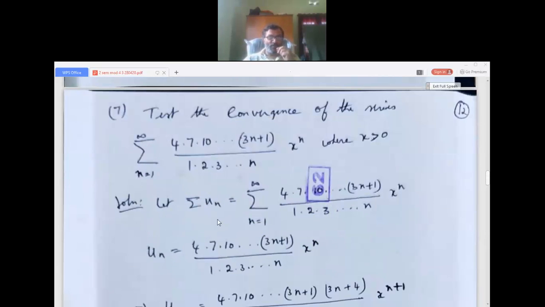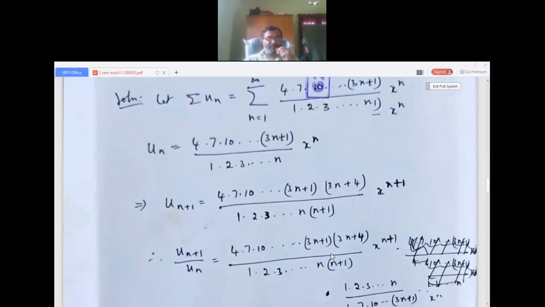Now what we do, first we take, let sigma un is equal to sigma n is equal to 1 to infinity 4 into 7 into 10 till 3n plus 1 divided by 1 into 2 into 3 till n into x power n. So here we get un equals 4 into 7 into 10 goes on till 3n plus 1 divided by 1 into 2 into 3 till n into x power n.